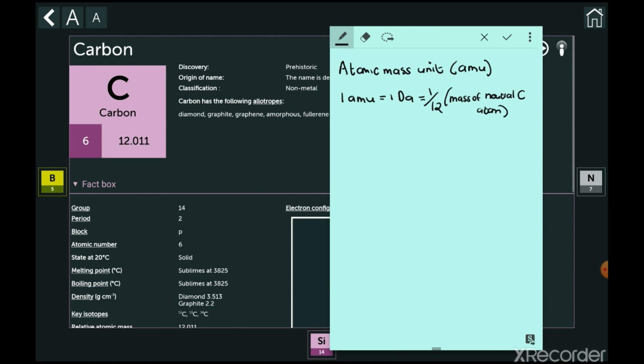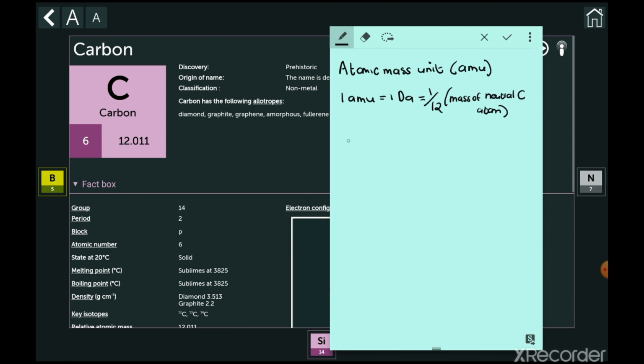That's the definition. One atomic mass unit is equal to a 12th of the mass of a neutral carbon atom. Now, how do you know what the mass is of one carbon atom? We're going to use the information provided on the periodic table to help us answer that question.